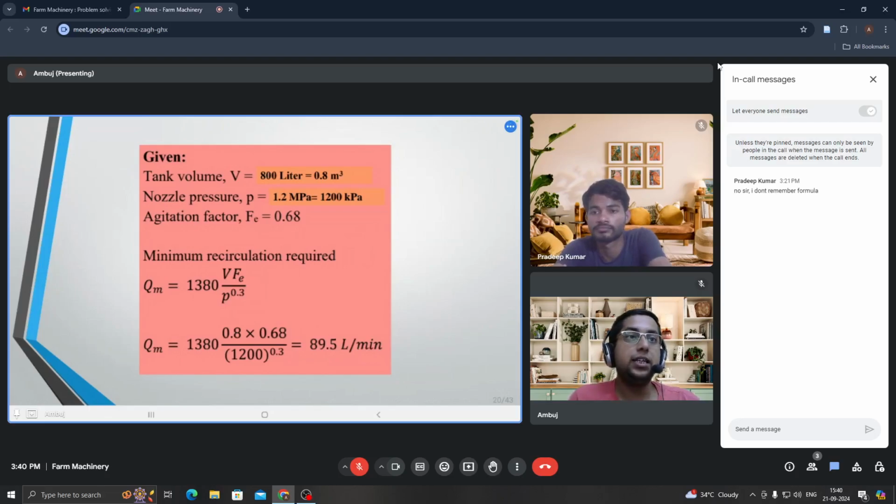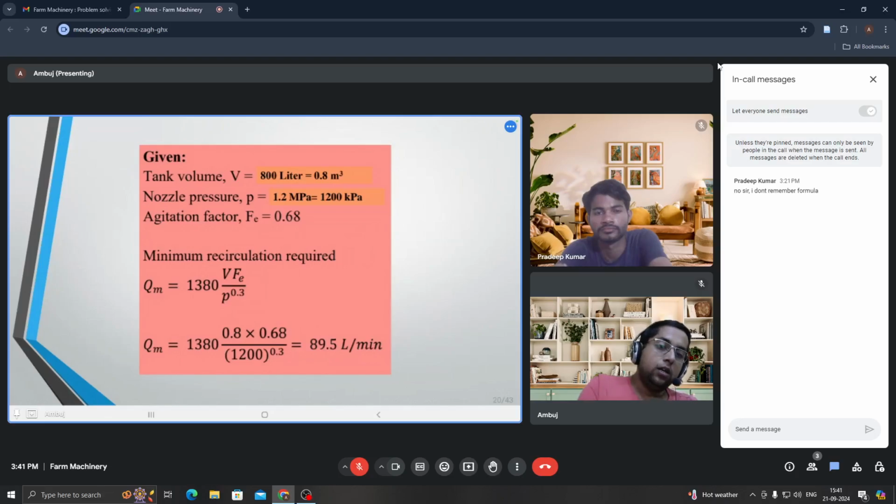You have to see how discharge varies with pressure and how it varies with volume, then plot it. After plotting and carrying out the regression analysis, these formulas came into the picture. That is why the coefficients are not normal, like 0.3, or the agitation factor of 0.89. This is experimental, which is why these formulas are not regular ones.